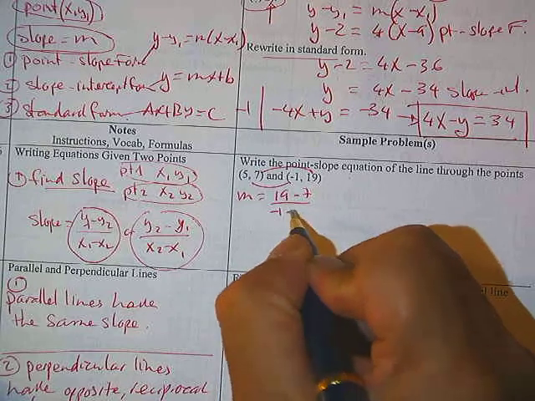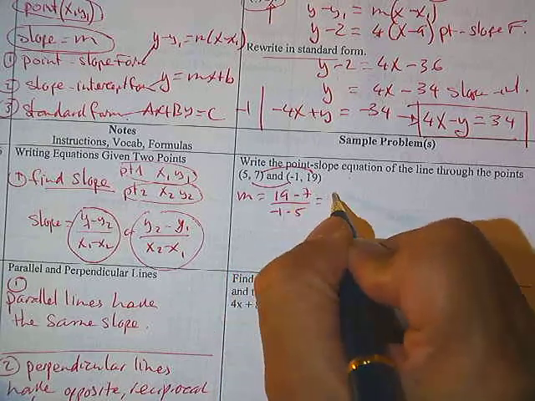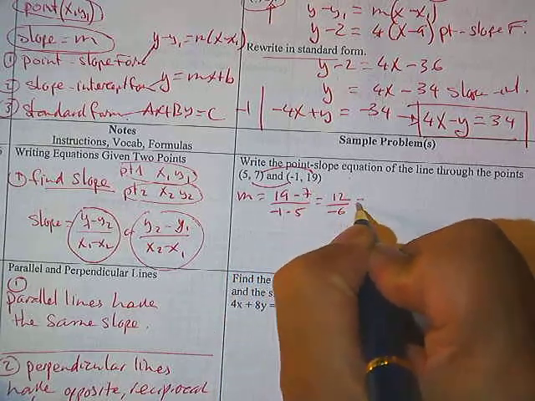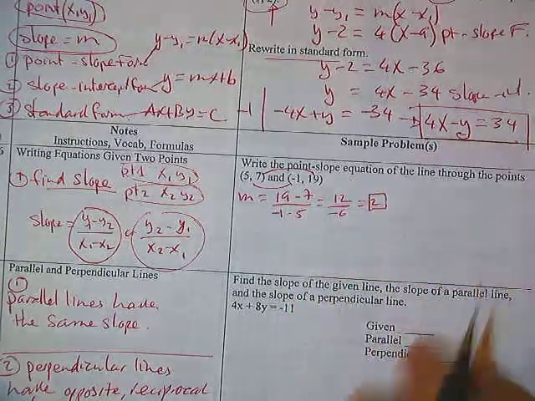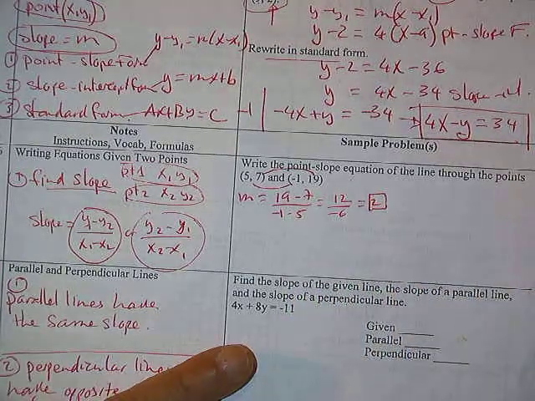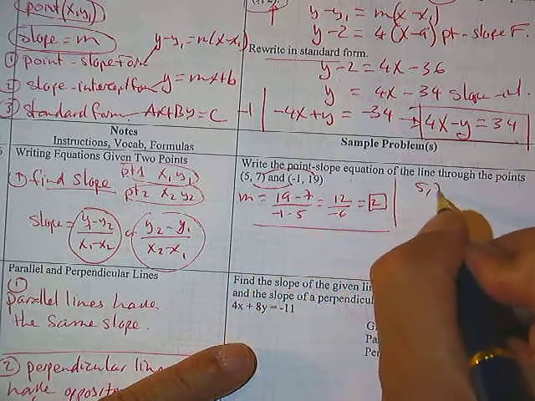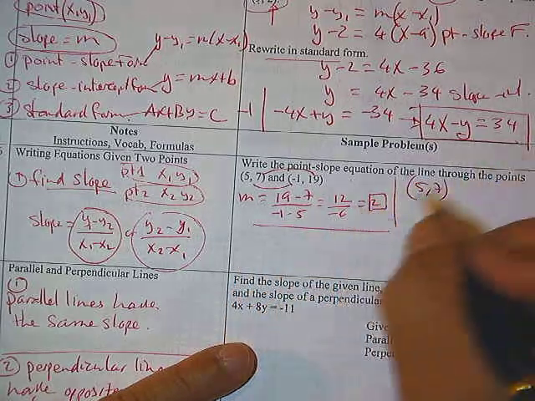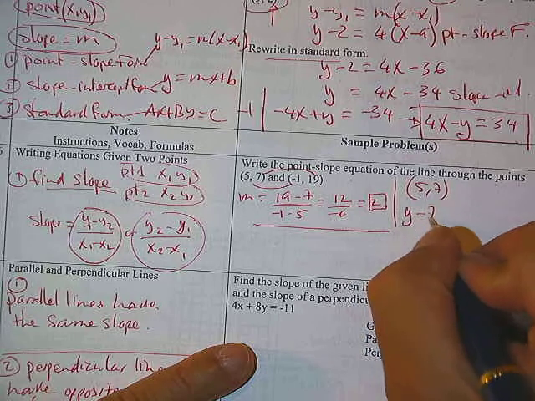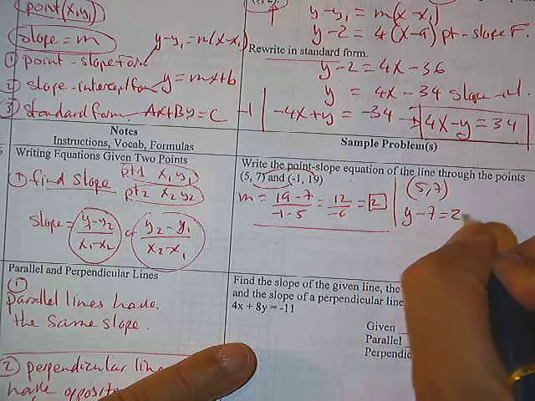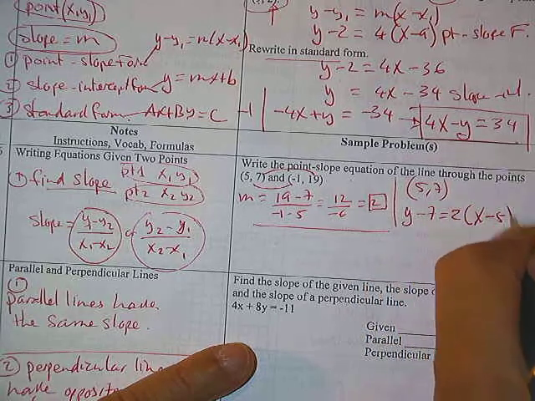So it says write a point-slope equation of the line that goes through these points. So I need to find the slope. Let's go 19 minus 7, nice and pretty, and then that means negative 1 minus 5. So that's 12 over negative 6, or negative 2.